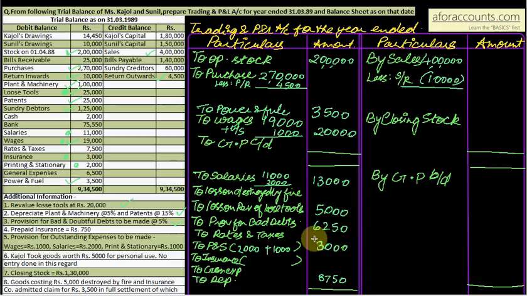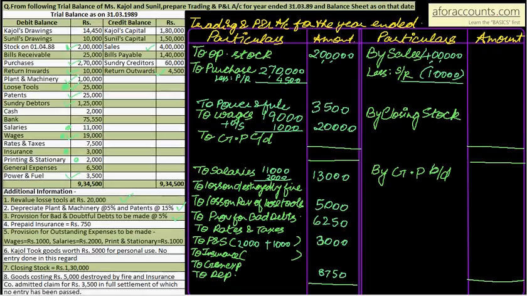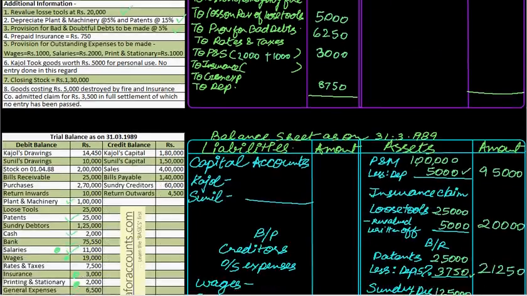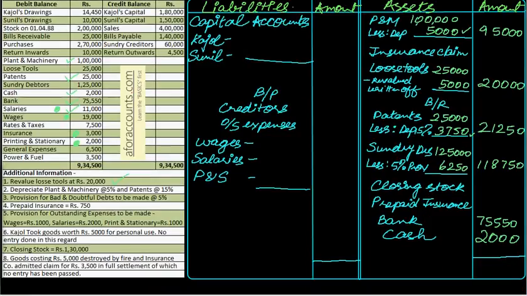ये सारी चीजें will also go in your balance sheet. कोई भी चीज expense which is outstanding is my liability. I will have to pay it in future. So write it in the balance sheet. All the outstanding expenses, all three of them in the balance sheet. What are the outstanding expenses? See, outstanding wages was 1,000.